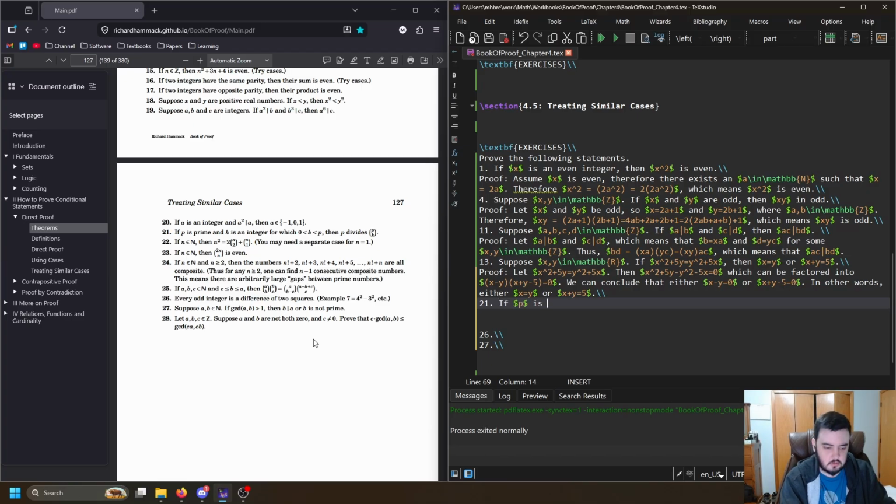21. If P is prime and K is an integer for which 0 is less than K is less than P, then P divides... Okay, what?